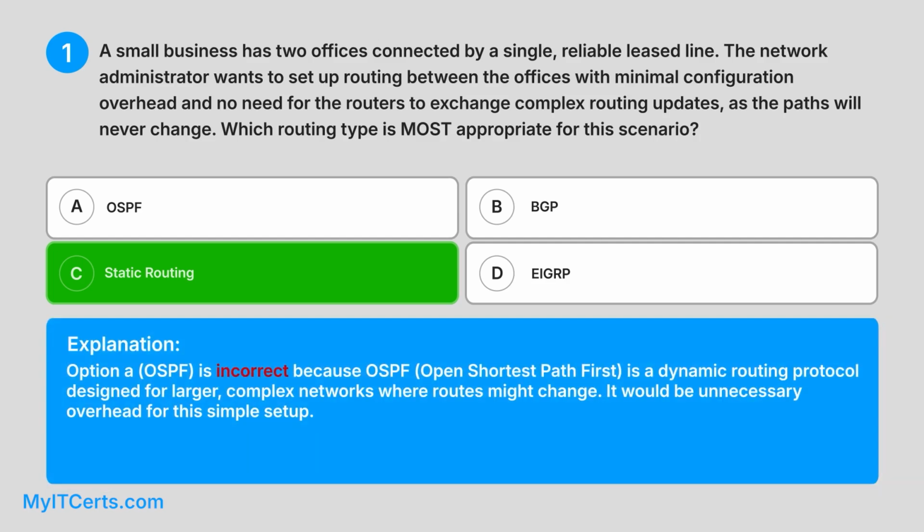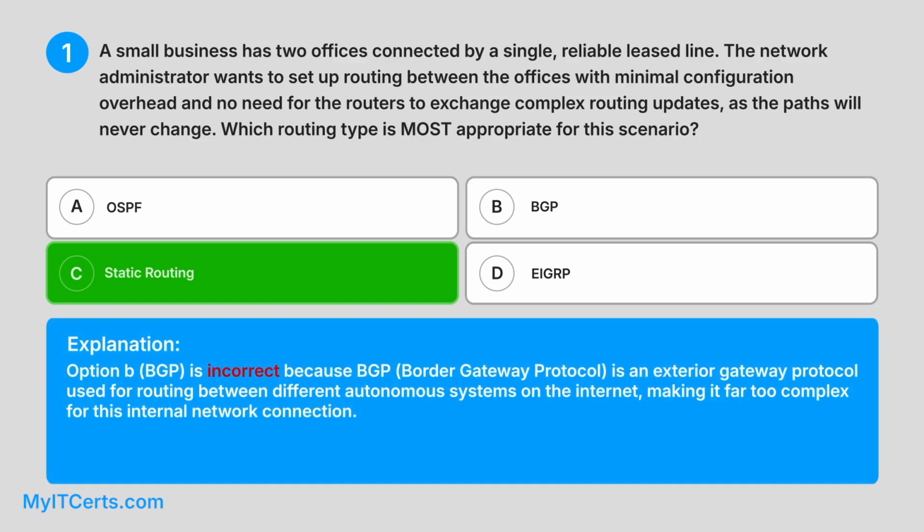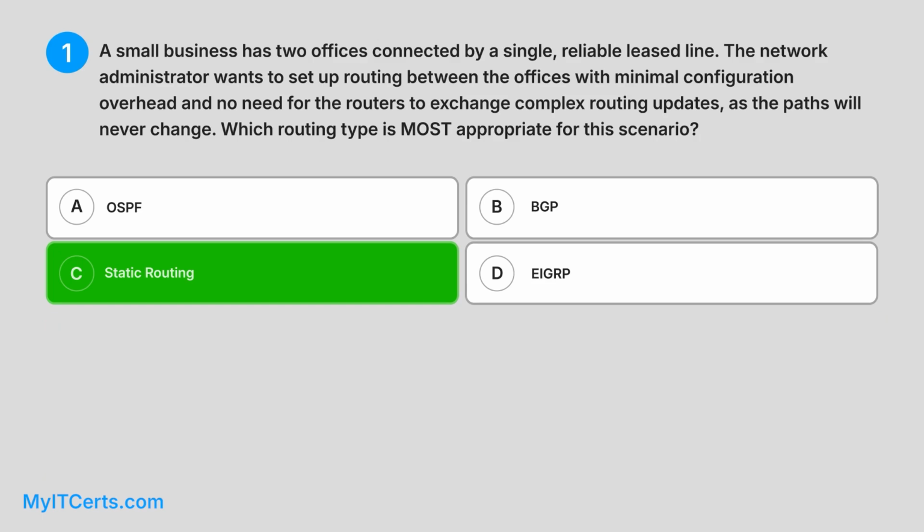Option A, OSPF, is incorrect because OSPF, Open Shortest Path First, is a dynamic routing protocol designed for larger, complex networks where routes might change. It would be unnecessary overhead for this simple setup. Option B, BGP, is incorrect because BGP, Border Gateway Protocol, is an exterior gateway protocol used for routing between different autonomous systems on the Internet, making it far too complex for this internal network connection.